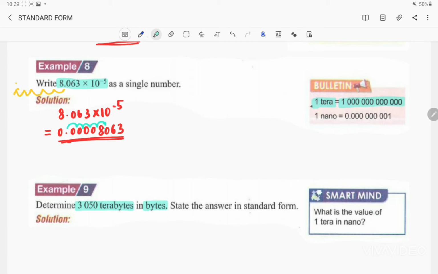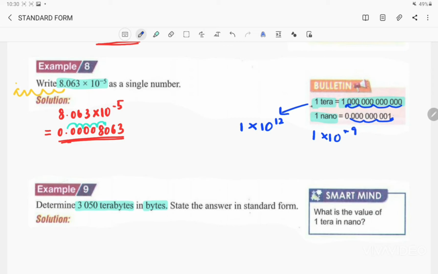Okay, kita tengok berapa? 3, 6, 9, 12. 1 terabyte is 1 times 10 to the power of 12. Okey, dalam info bulletin ni juga bagi apa itu 1 nano. 1 nano is 1 times 10 to the power of, okey, 3, 6, 9. 10 to the power of negative 9.